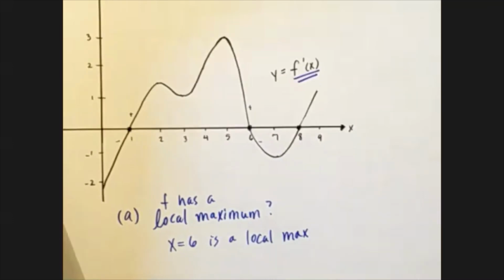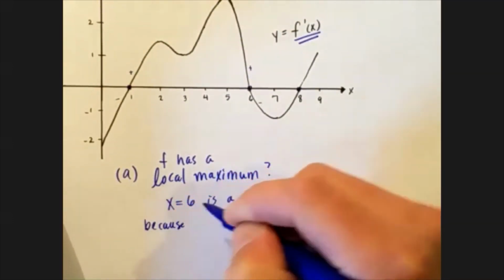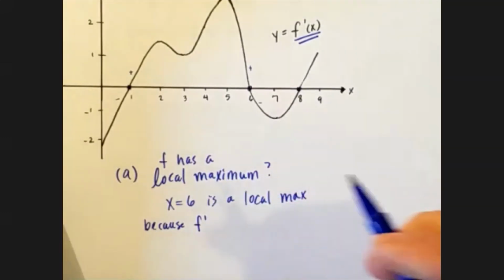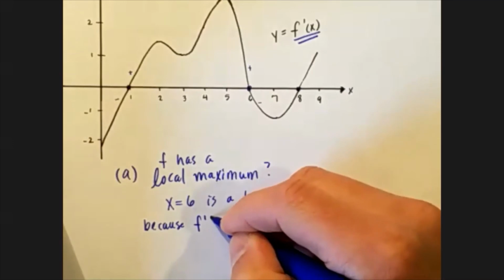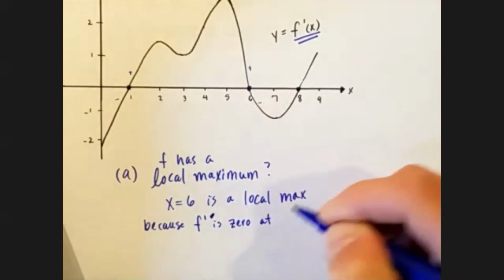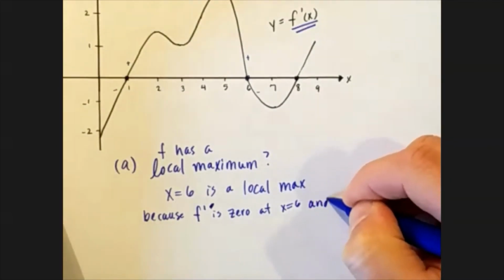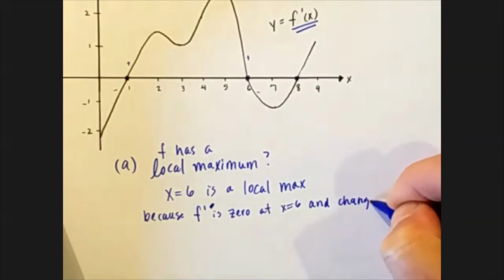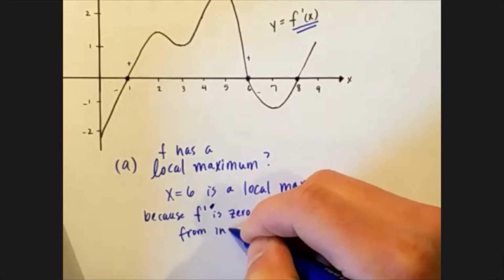And I'll get to that question in a second, Mike. Because f prime is 0 at x equals 6 and changes from increasing to decreasing.